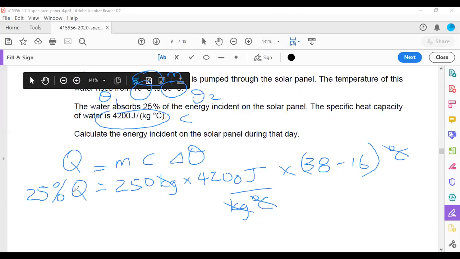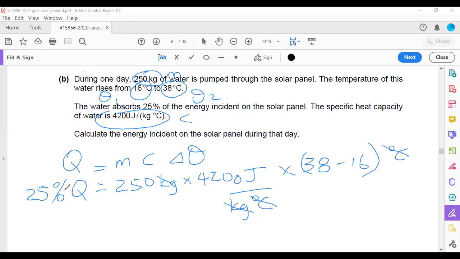This is the Q for the solar panel because we know that Q is mc delta theta. However, we know that it's 25% to get this value.